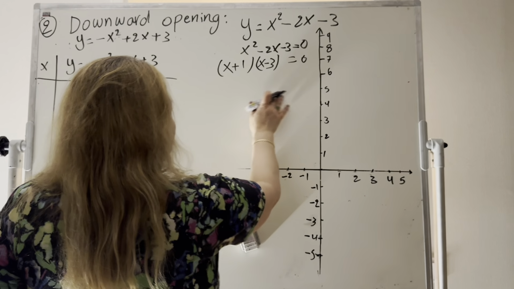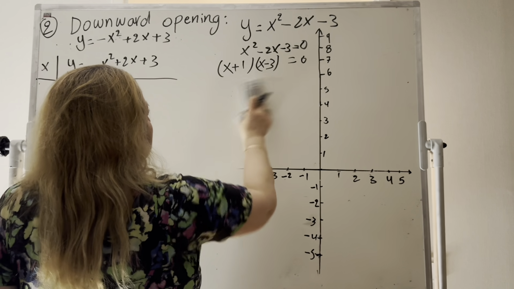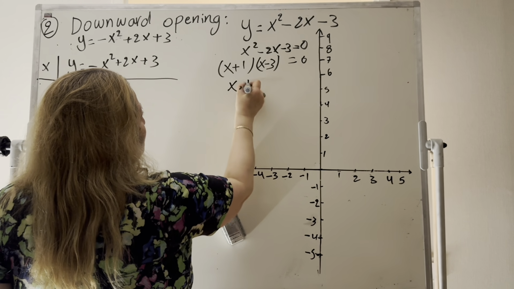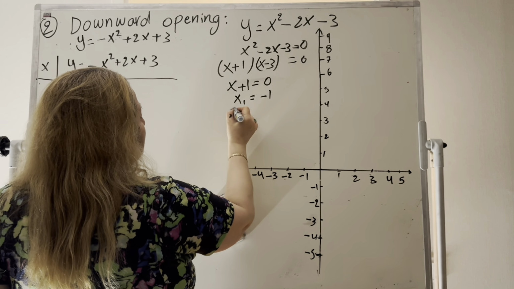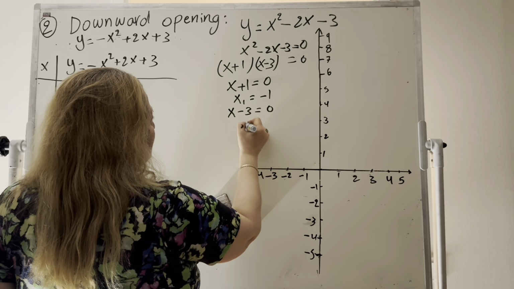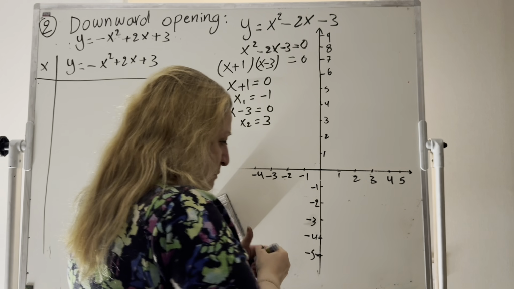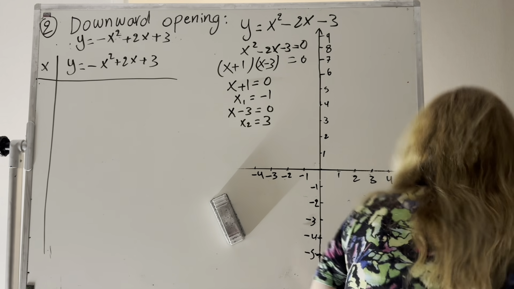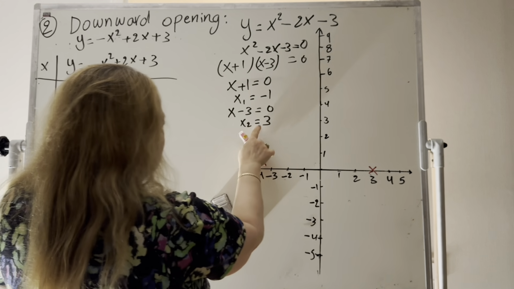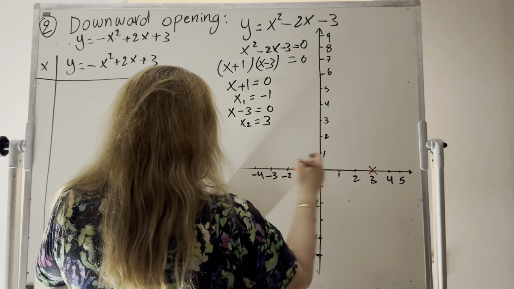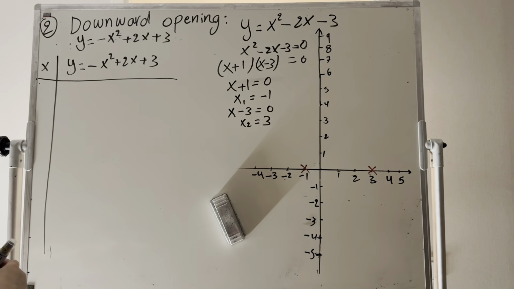And I know the zeros: x plus 1 equals 0, so x1 equals minus 1, and x minus 3 equals 0, so x2 equals 3. When y equals 0, x equals 3, and when y equals 0, another x equals minus 1.